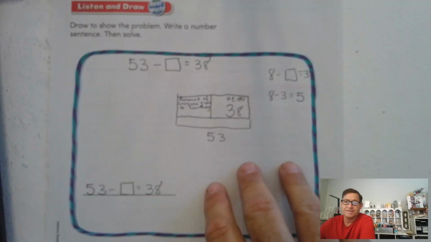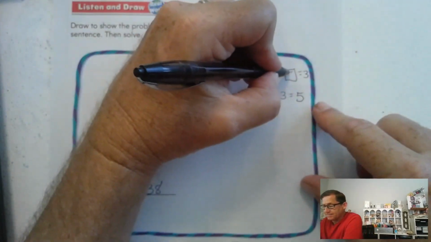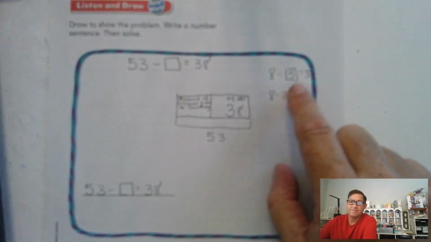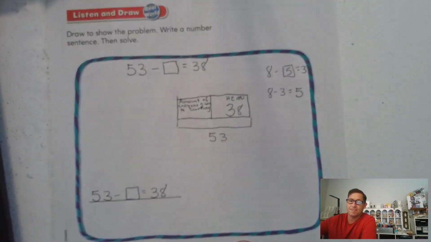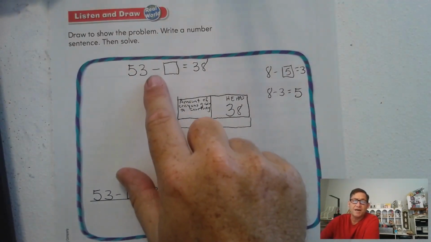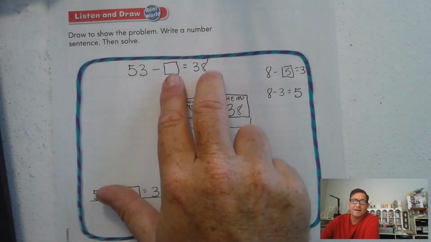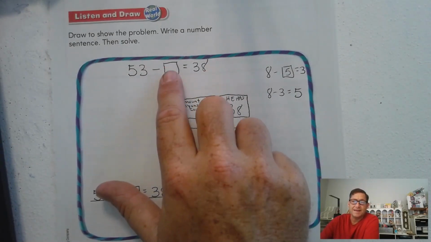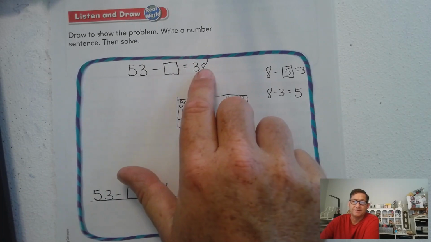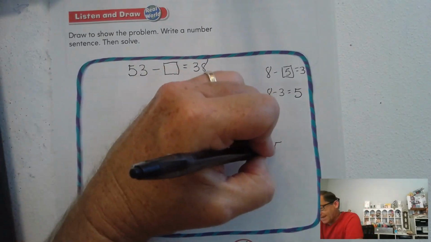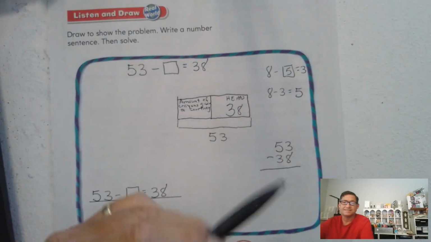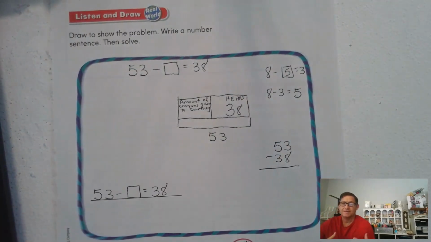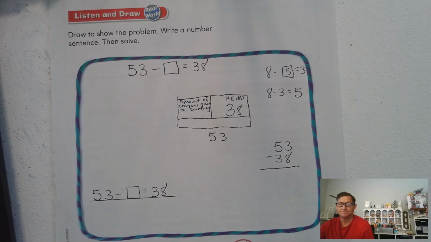So 8 take away 3 is 5. 8 take away 5 is 3, right? So when we have a subtraction problem, we know that this answer is related to subtracting 38. So we can do this: 53 minus the amount that he still has will tell me how many he gave away.